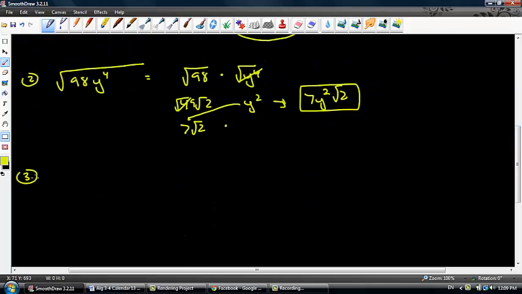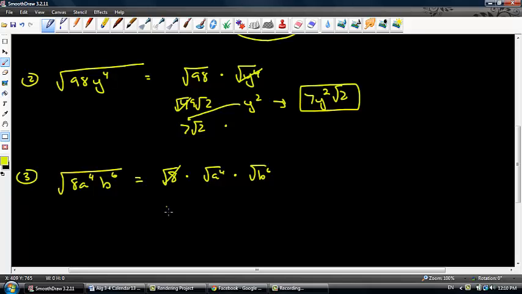Number 3, if I decided to do the square root of 8a to the fourth, b to the third, similar to the first problem we did. Actually, make this b to the sixth. I'm going to separate this out. The square root of 8 times the square root of a to the fourth times the square root of b to the sixth.